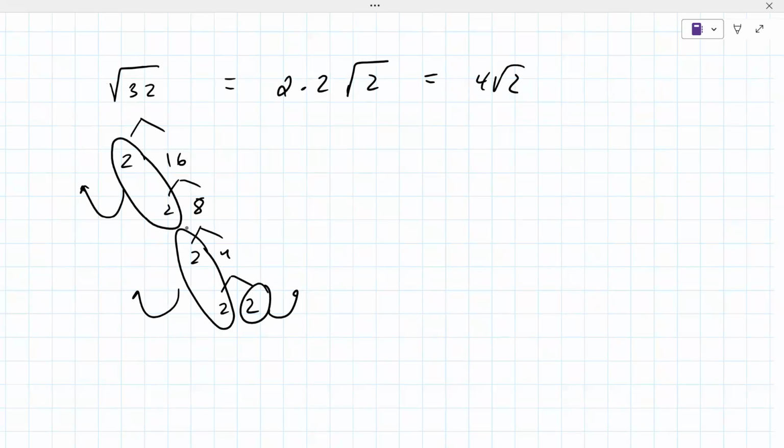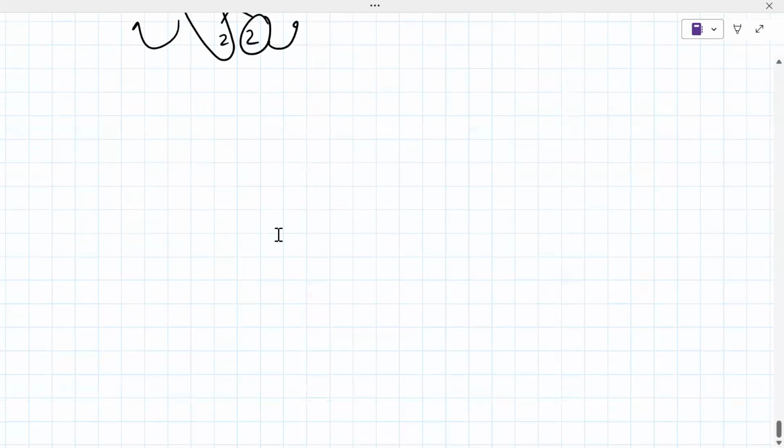You can absolutely get more than one pair. In fact, you can even get more than one pair of different numbers. All right, so let's have you try one like that. Go ahead and try reducing this one, please.